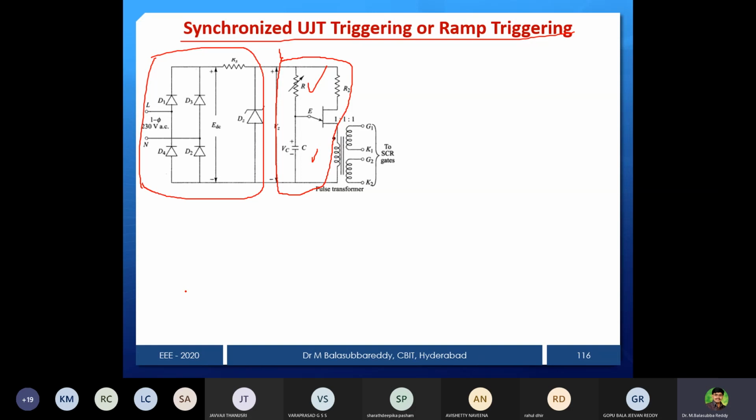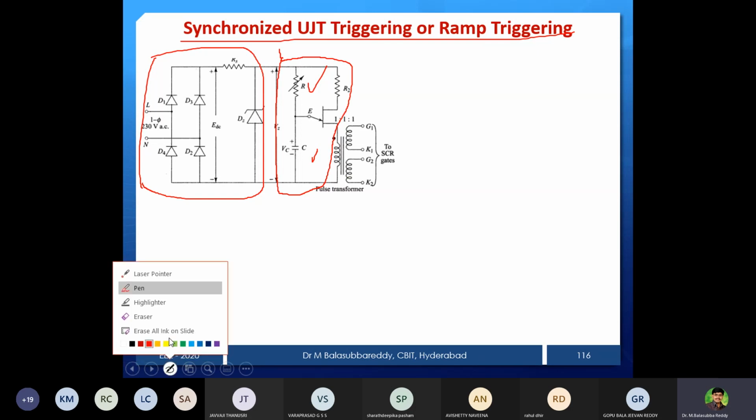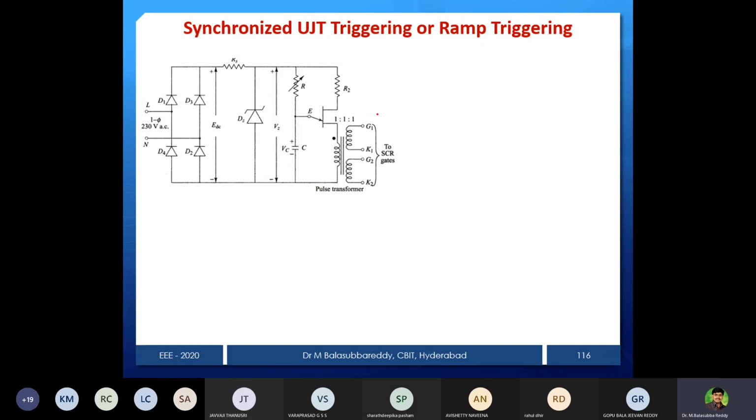Earlier I used a DC supply directly, that's why I didn't show the diode rectifier. But now we use an AC supply, so we use a diode rectifier to convert AC to DC, and we pass it through the UJT terminal.